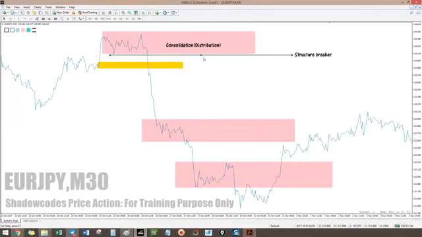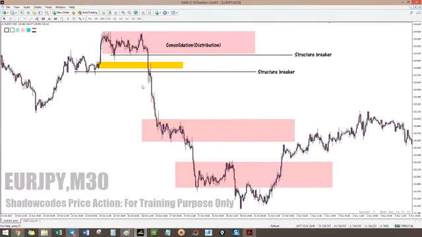And if you want to take this one, also can. This one also can. So after the structure breaker, you find your entry. Sorry. So for example, you take this swap zone as your entry.